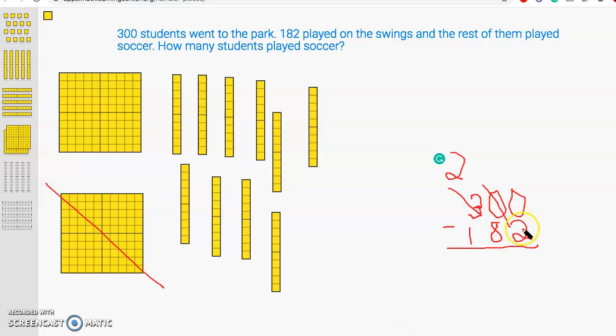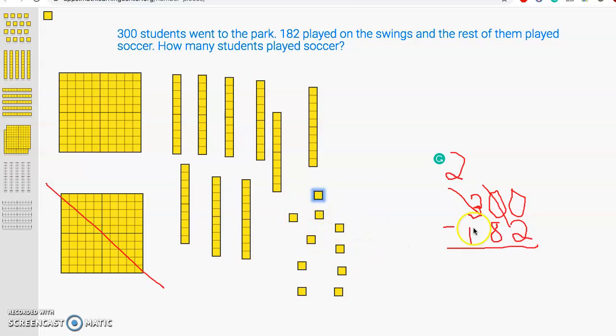So I don't have enough ones to subtract 2. So what I need to do is take one of my tens and break it down into some ones. So let's do that. I'm going to take this and change it into 10 ones. 1, 2, 3, 4, 5, 6, 7, 8, 9, and 10.